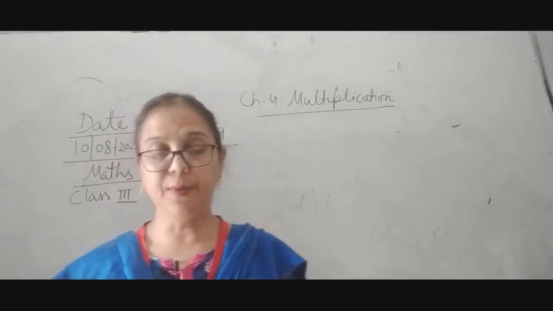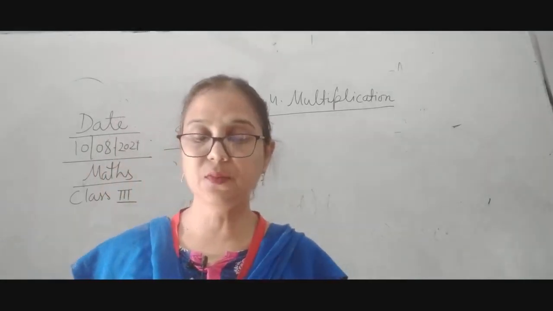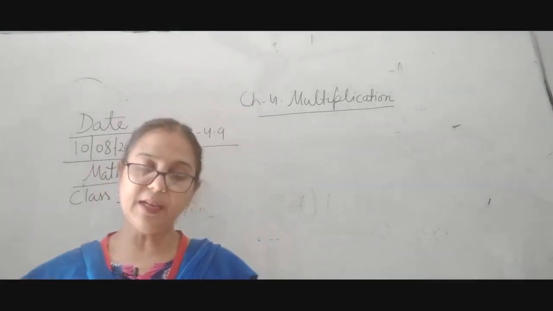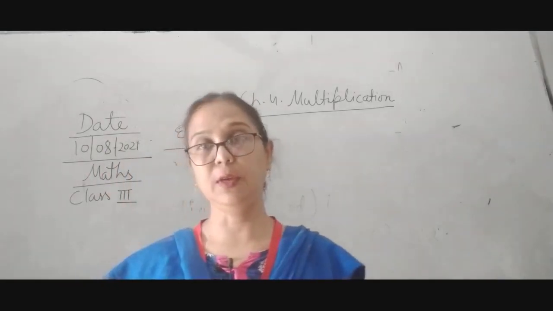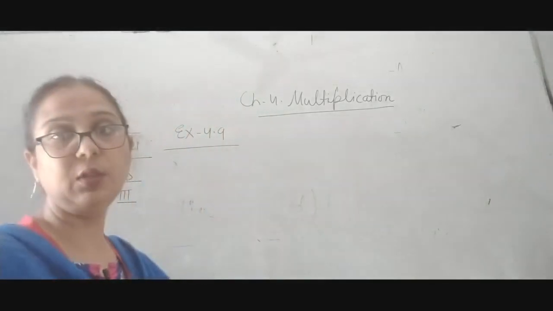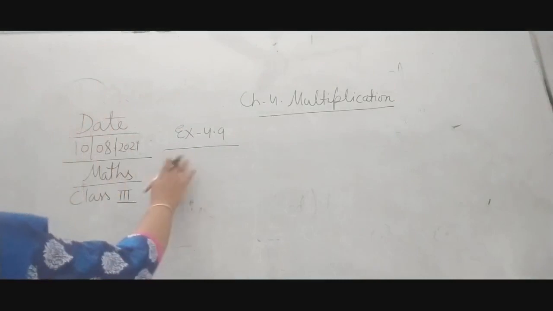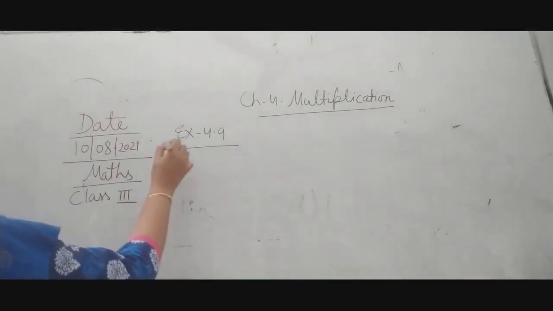The 4th question is: the price of a toy is rupees 126. Find the price of 36 such toys. Okay, I am going to write this question on the board. Question number 4.